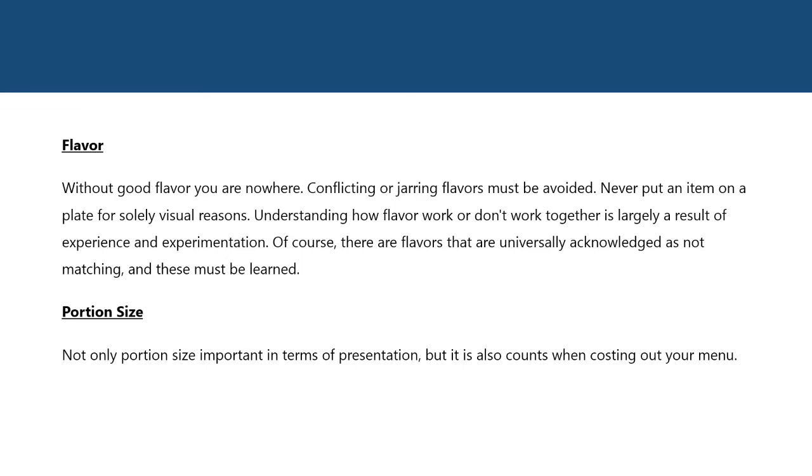So for me, the basic ratio of those ingredients in a plate is around 200 to 250 grams of protein, about 150 grams of side dish, about 150 to 100 grams of starch, 30 ml of sauce, and 5 grams of garnish.